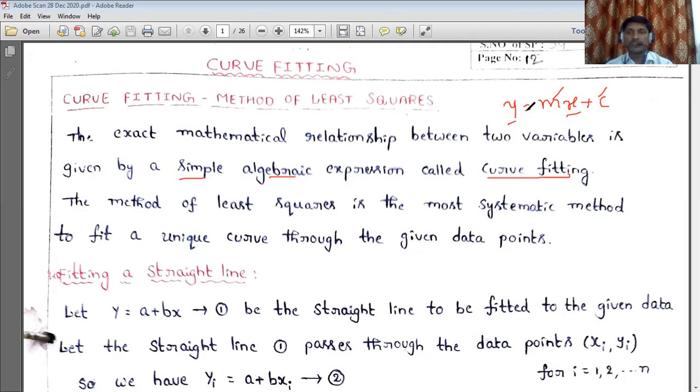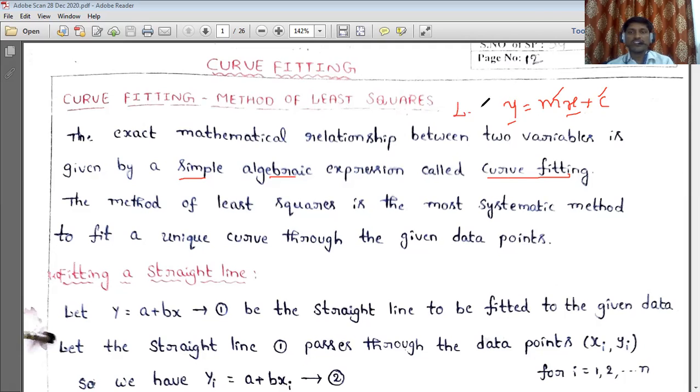If we give a relationship between two variables as an algebraic expression, then we call that curve fitting. In other words, finding the parameters m and c is also curve fitting. This we call a linear curve.